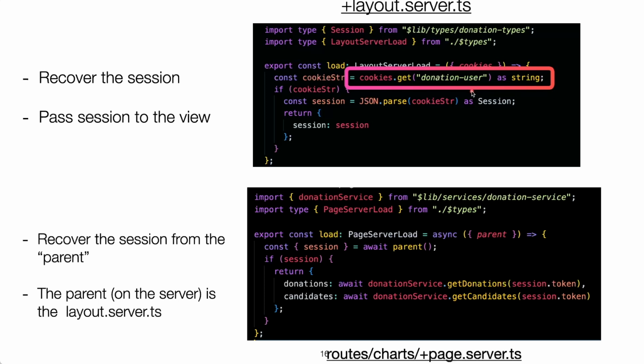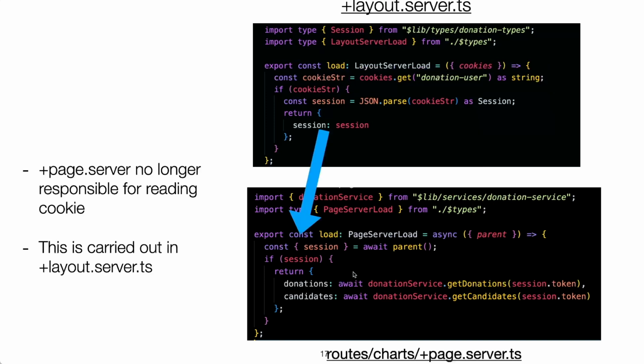We're getting the cookie information delivered to us via the parent parameter, and we're just taking that data directly here into session and doing our stuff. So that simplifies things significantly. It means that we are no longer responsible for reading the cookie in each page.server.ts. We are, in fact, having it delivered to us, and we're just using it then as we see fit.